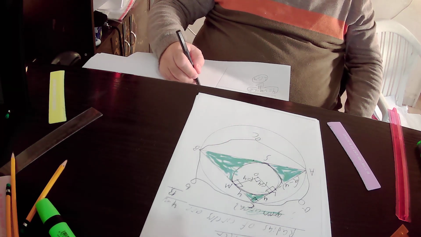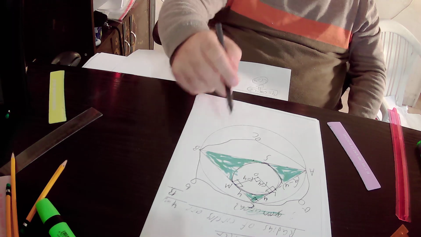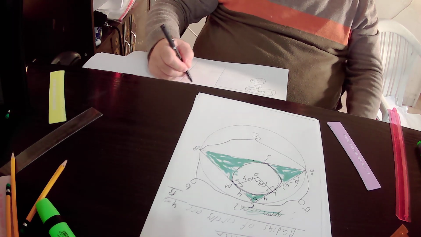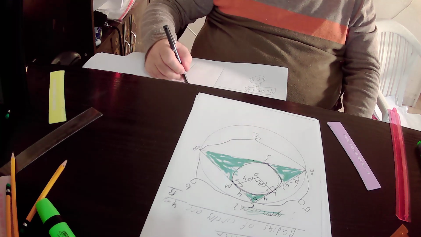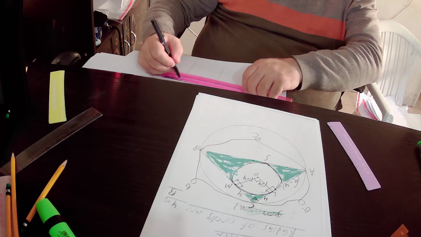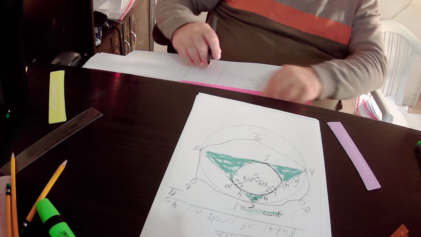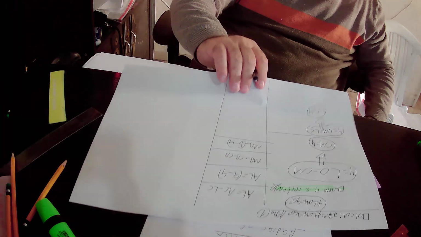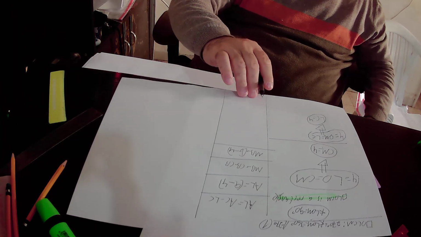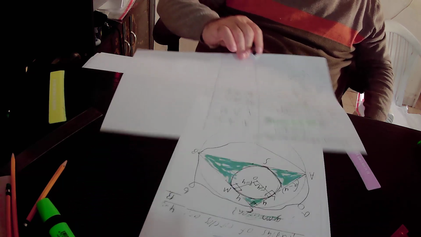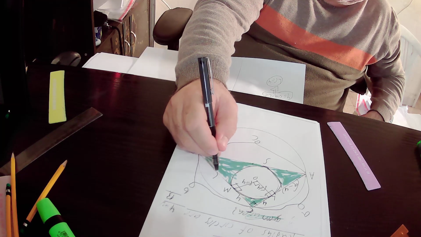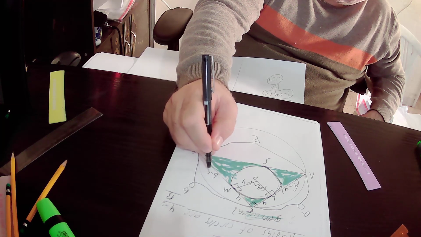So MB equals CB, that is equal to B units according to our definition, minus CM, that is equal to 4. So in conclusion, we found out that MB equals B minus 4 units.